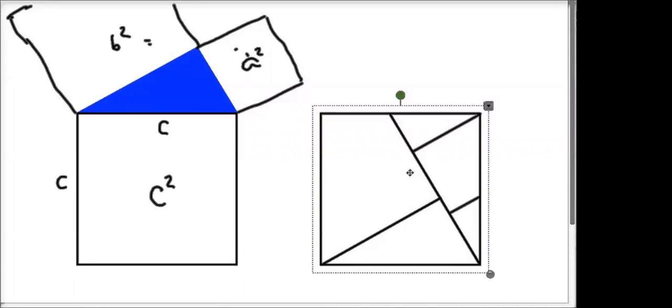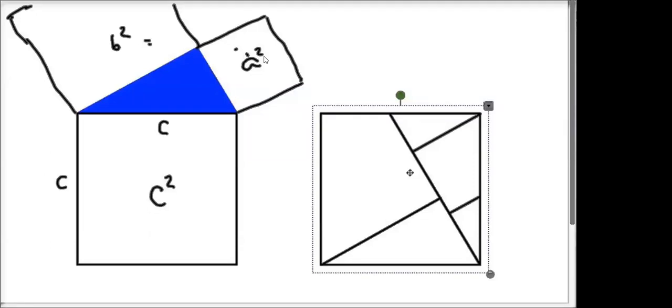So that's how we get the C squared. So the C squared that you see here is the area of this particular square. And then you go and do the same with the other two squares. The area of this square will be B multiplied by B. And that will also give you B squared. And the area of the last square is A times A, which is also A squared.